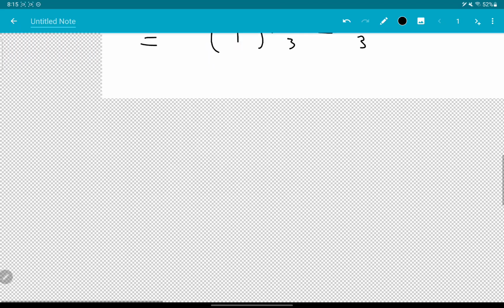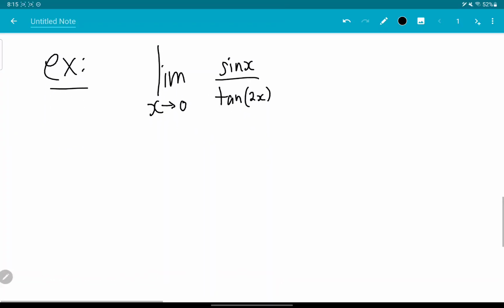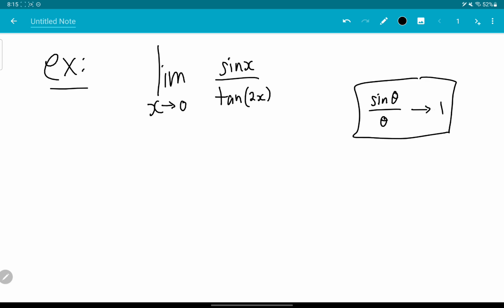Okay, let's try another one. This one's a bit trickier, but it's the same principle. I want to use this formula. Sine theta over theta goes to 1. So I want to make this appear in this fraction here. So I do some manipulations here.